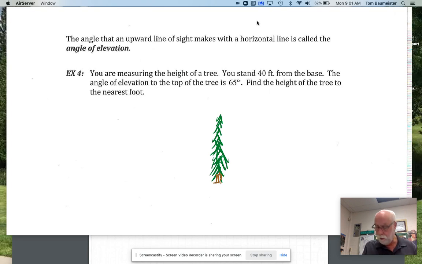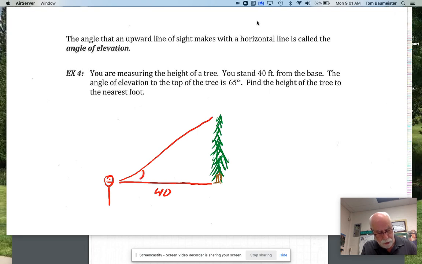But remember, it's saying we are standing 40 feet away from it. So here's our 40 feet. Here's our line of sight. We're probably on a mountain, so that's okay. All right. And then it says that the angle of elevation. So from our line of sight, there is our 65 degrees.